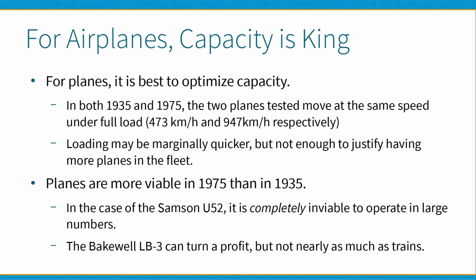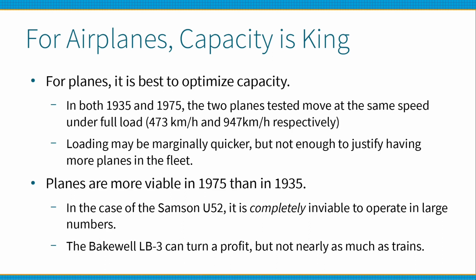But there's a secondary thing here, which is that planes are more viable in 1975 than they are in 1935. We've already established this from our significance testing, but in the case of the Sampson U-52, there are actually cases where if the distance isn't large enough, you lose money and you can bankrupt yourself within the first year.